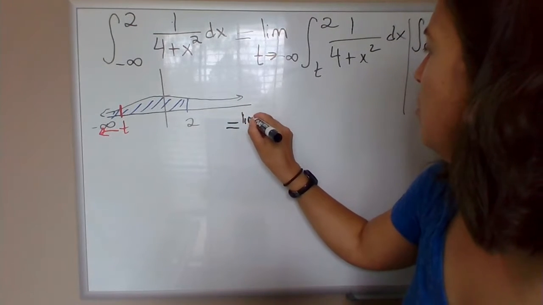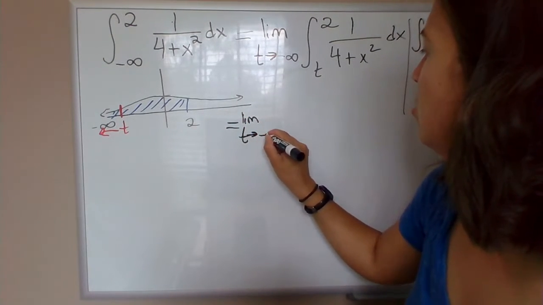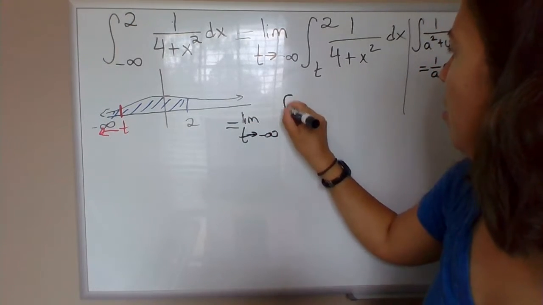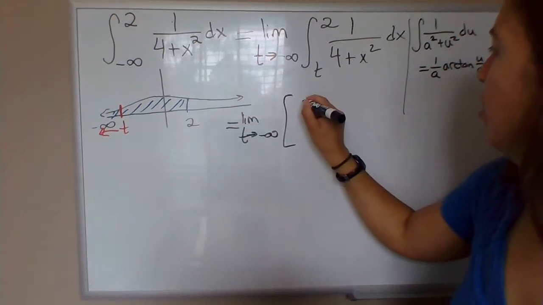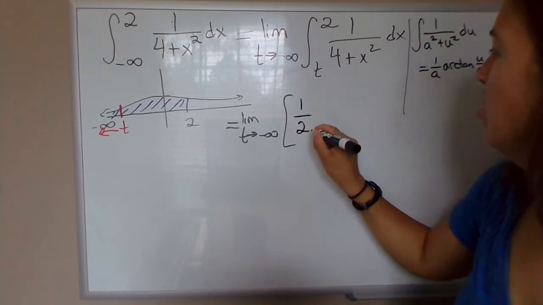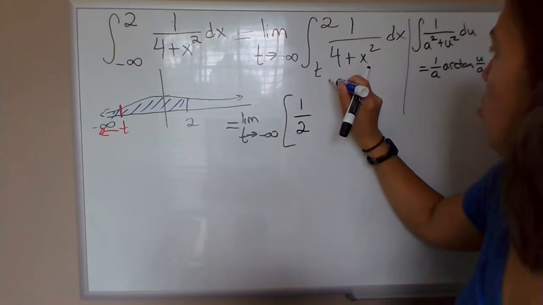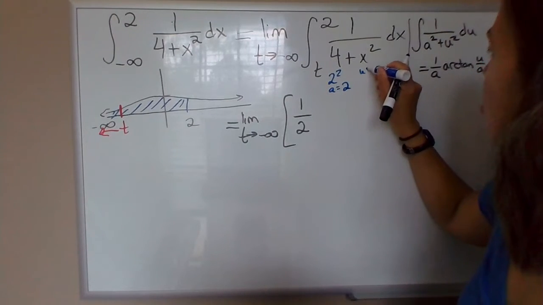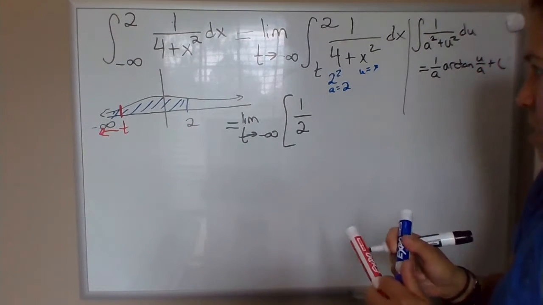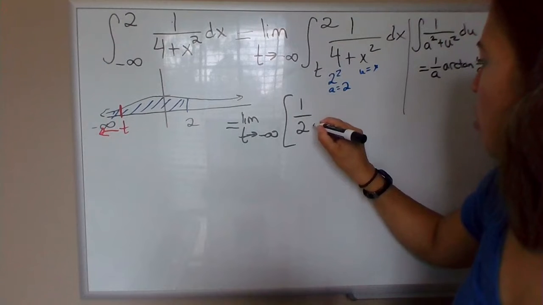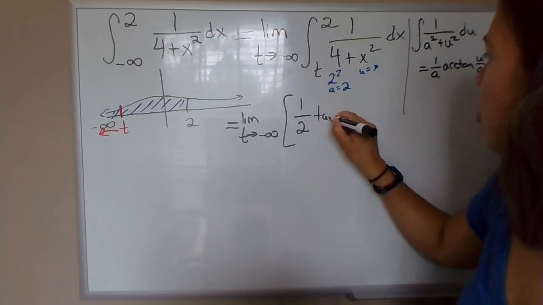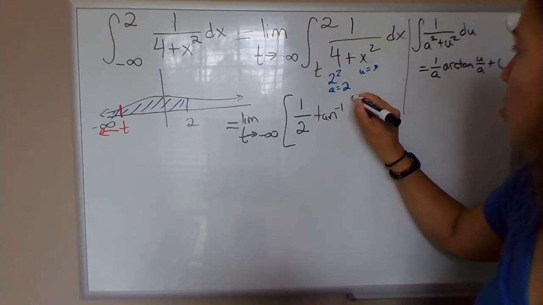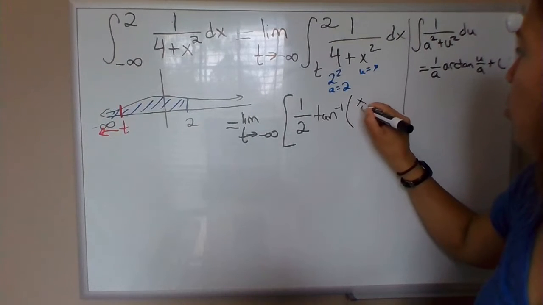And we can apply this integration formula to write the antiderivative. So this is the limit as t approaches negative infinity of the antiderivative, which is 1 over a, which in this case is 2. This is 2 squared, so a is 2. And u is equal to x. So 1 over 2 arctangent, or to save space, I'm going to write it as inverse tangent of u over a.